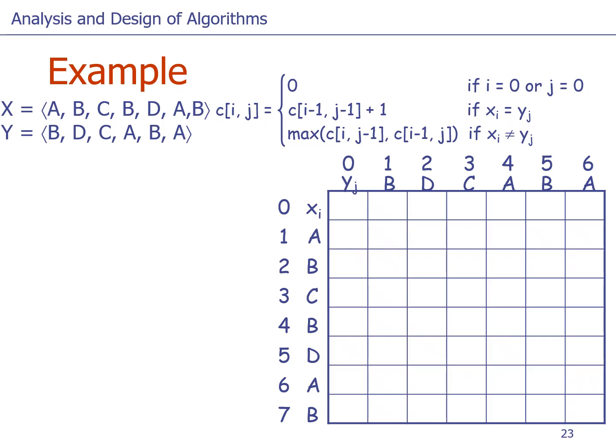So basically I will be matching A from X with B, and then with BD, and then with BDC, and then with BDCA, and then with BDCAB, and then with BDCABA.